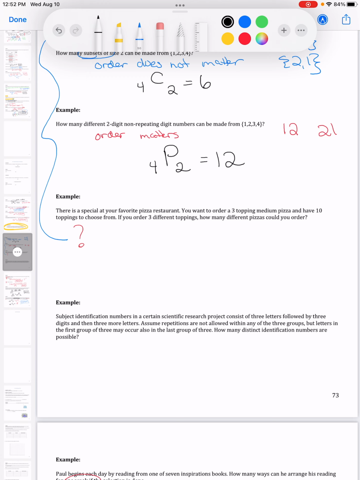So if I don't tell you, we're going to go with the most generic thing, no what ifs. So we're going to say order does not matter for this. So since our order doesn't matter, there were 10 toppings and we're choosing 3. So 10 combination 3, typing that in, I'm going to get 120.